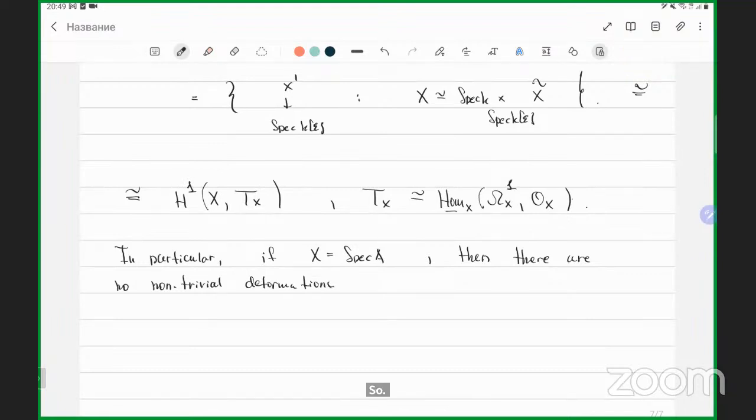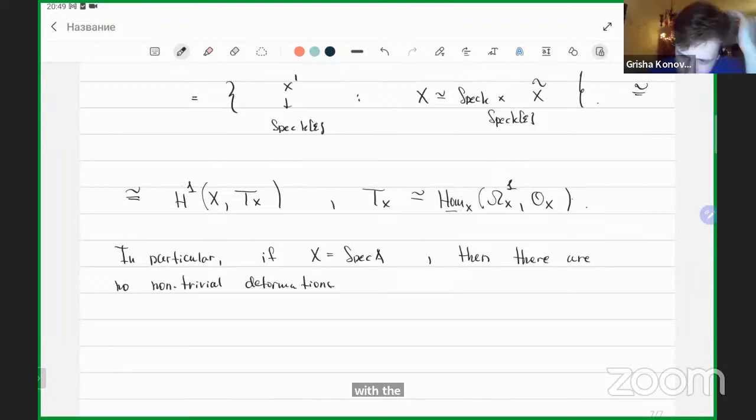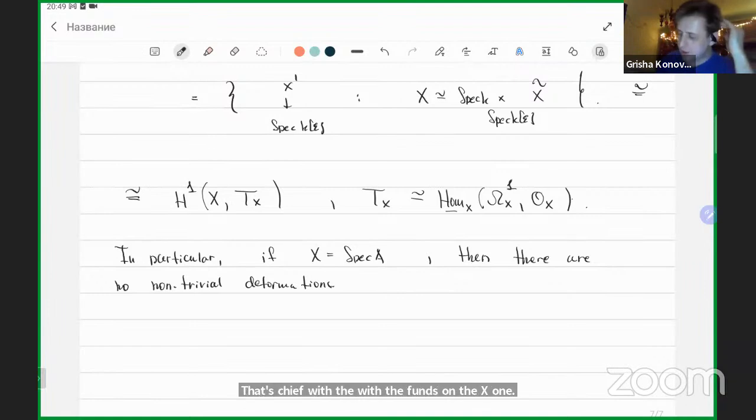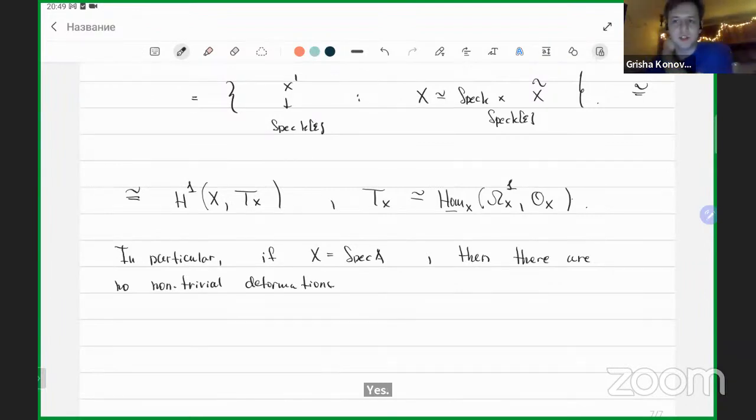Sorry, omega X 1 is the sheaf associated with the functor omega 1. It's a sheaf of Kahler differentials.